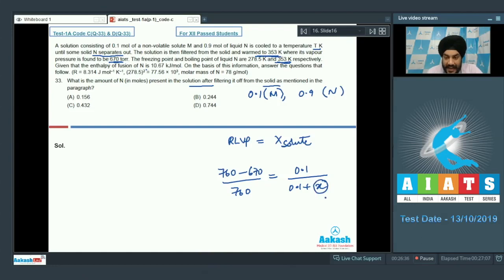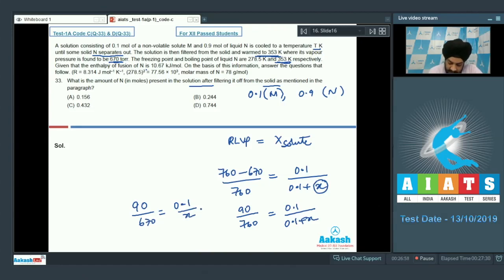So this is the moles remaining after the solution is filtered from the solid. So we have 90 by 760 equals 0.1 upon 0.1 plus X. We can just use dividendo in this case. We're going to have 90 by 670 equals 0.1 upon X. So students, the value of X is given by 67 by 90.